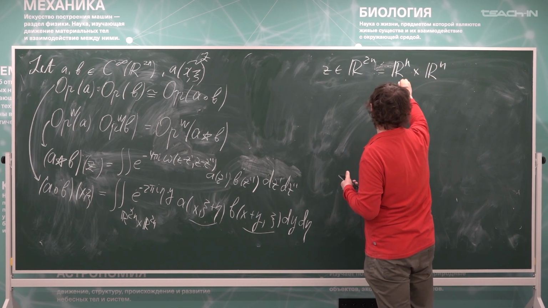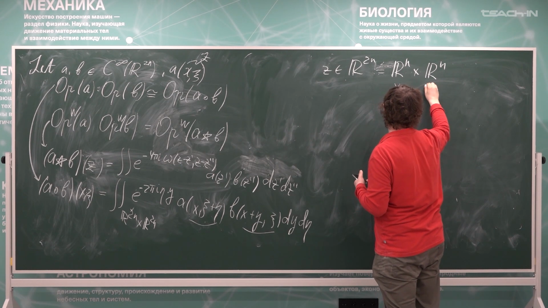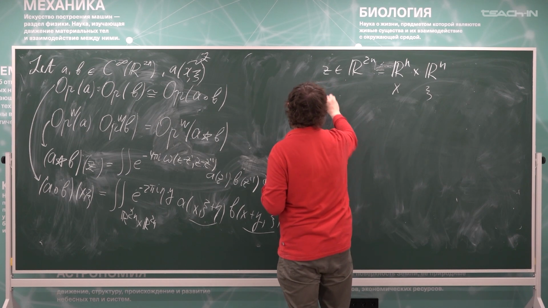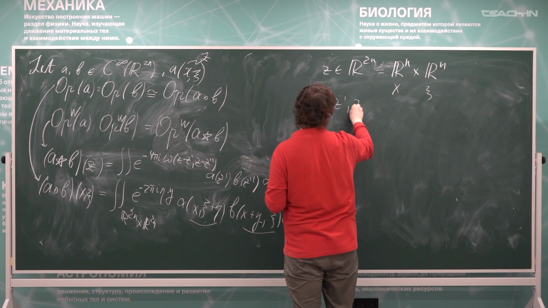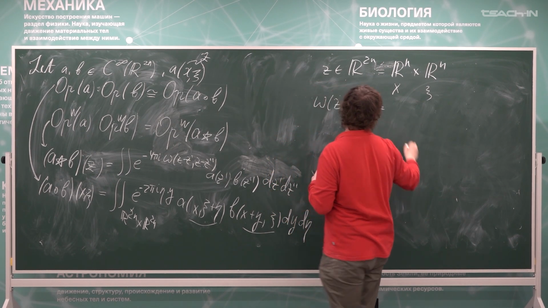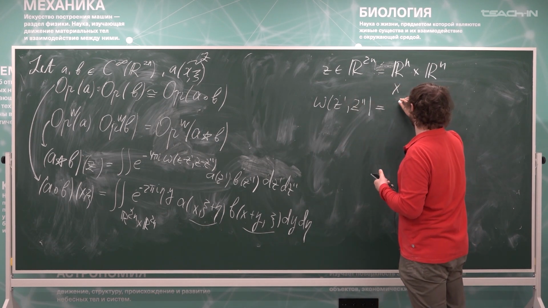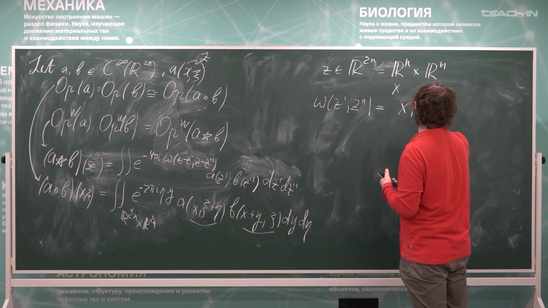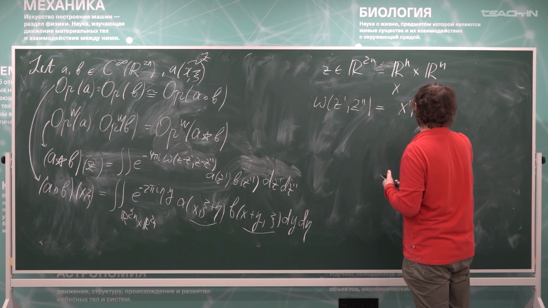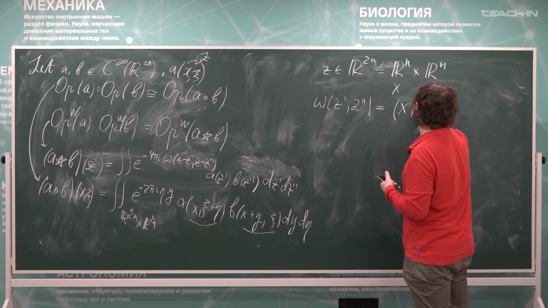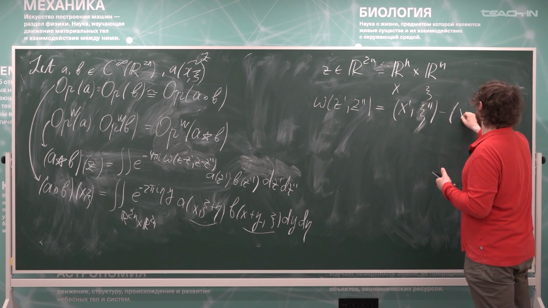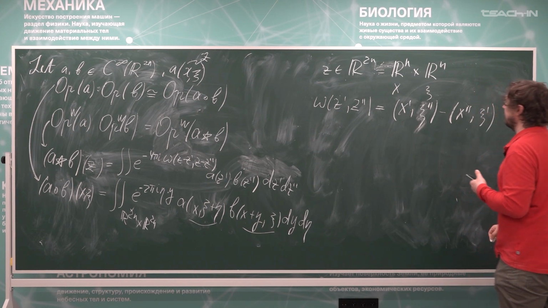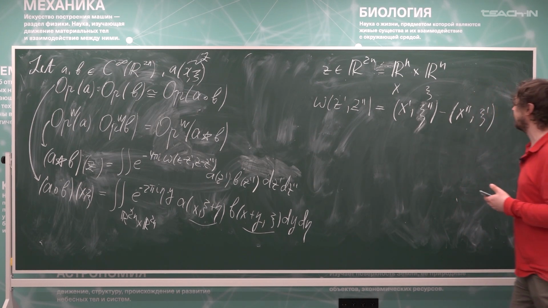This consists of x and psi, and omega of z prime, z double prime will be equal to the scalar product of x prime, psi double prime minus x double prime, psi prime, where I take the usual scalar product in R^n.